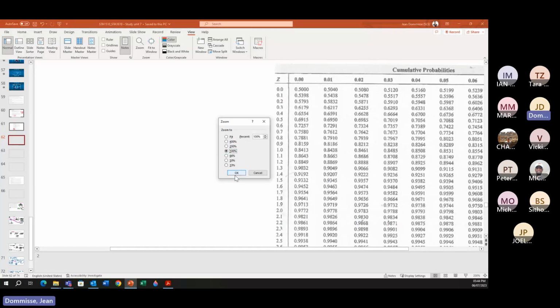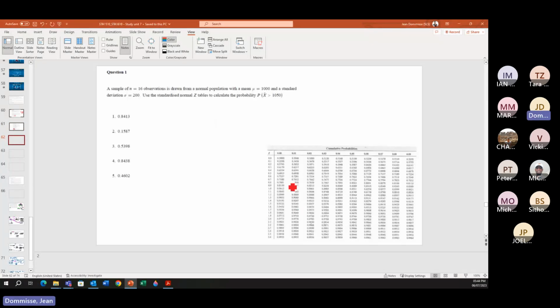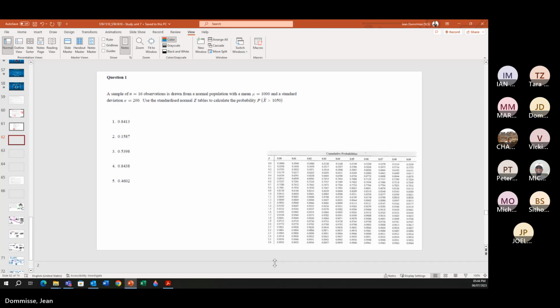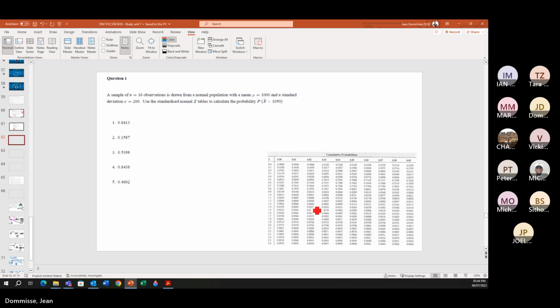I know this is very small, but every time I'll bring up the tables that are in your study guide as well, just so that you can see how to use them.